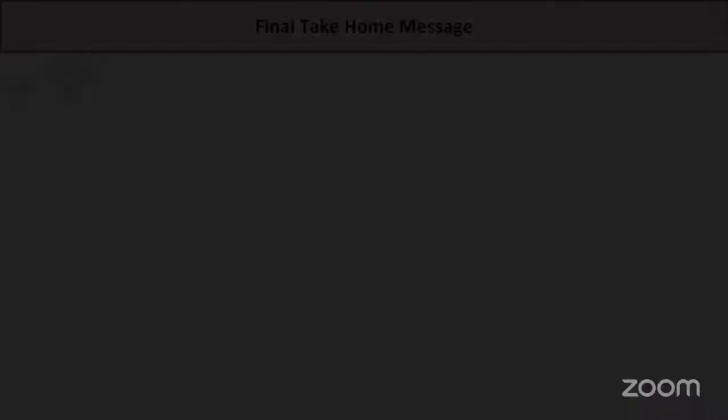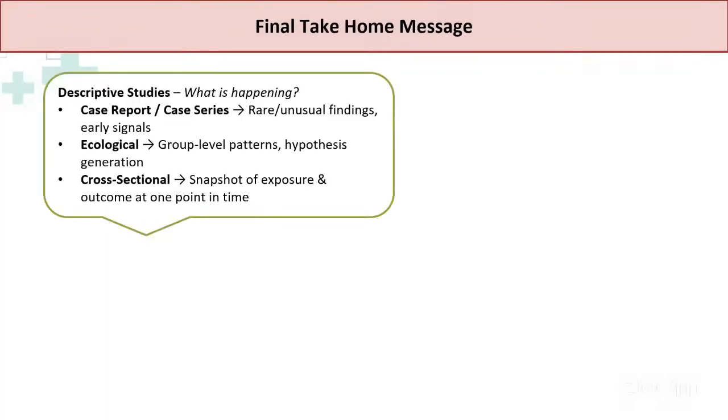So finally, to wrap up my session, descriptive studies will give us the insight of what is happening in our interest of outcome. And it is further divided into 4 types as we have seen earlier: case report, case series, ecological, and cross-sectional. So case report and case series are used to find the rare or unusual finding and early signal.